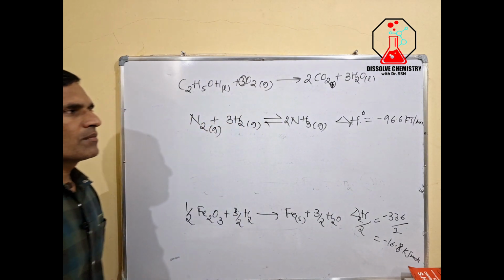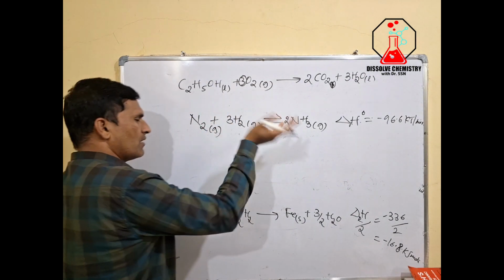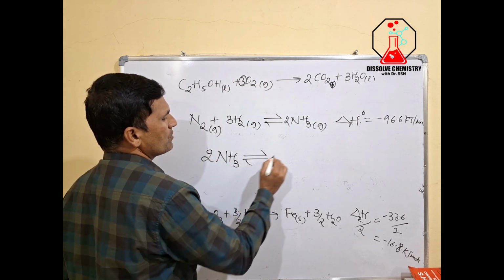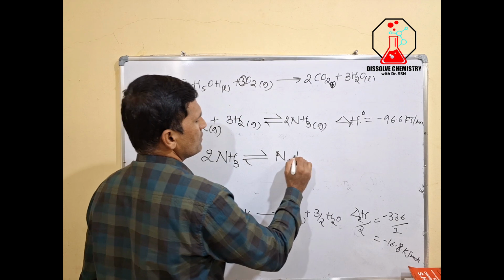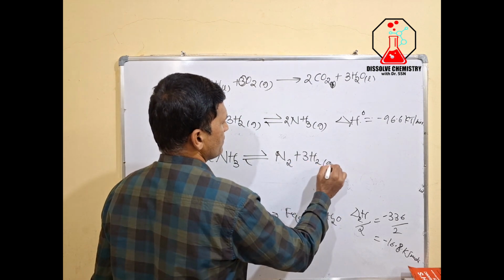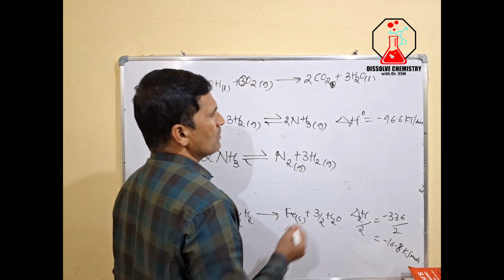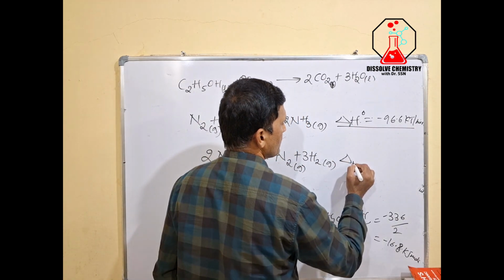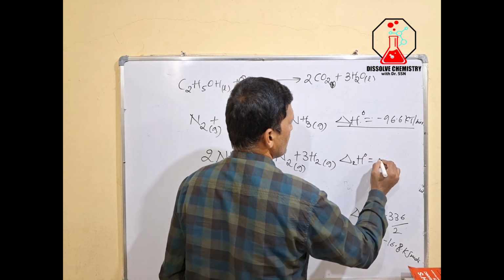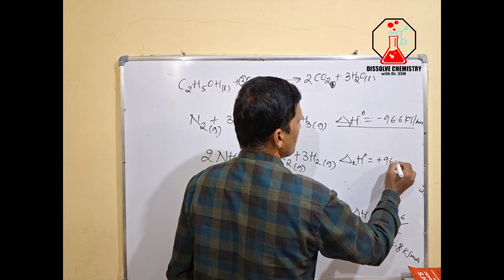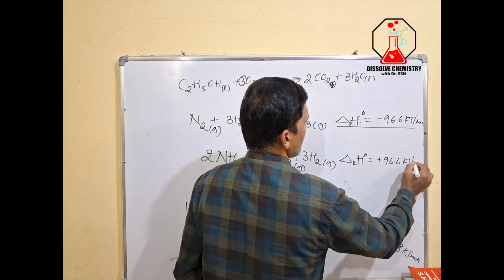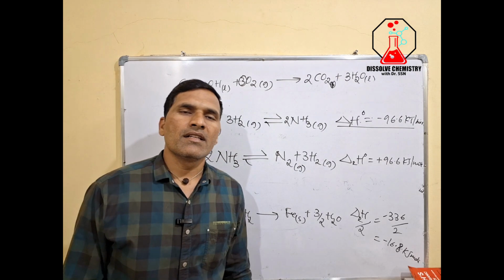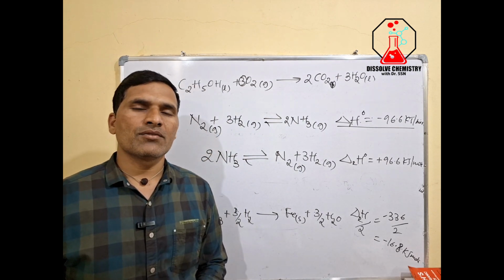Now suppose I am carrying out this reaction in the reverse direction, meaning I am taking ammonia and decomposing it to give N2 plus 3H2 gas. Now what happens to the enthalpy of the reaction? The sign of this enthalpy of reaction is going to change from minus to plus. So that is how we do that. If you reverse the reaction, then the sign of the enthalpy of reaction changes.